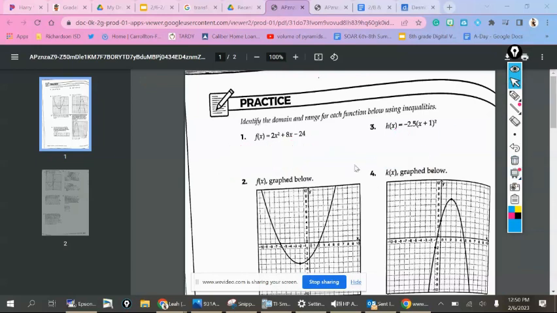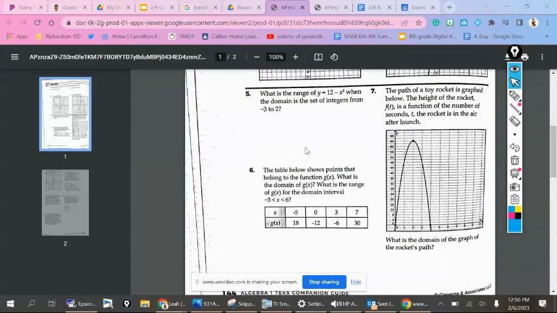I'm going to go down to question 5 here. And then it says, what is the range of y equals 12 minus x squared when the domain of a set of integers is -2 and 5? Okay, so what I'm going to do is type this into my calculator.